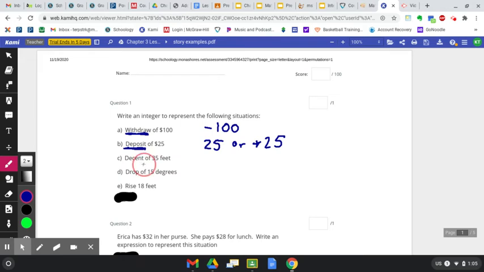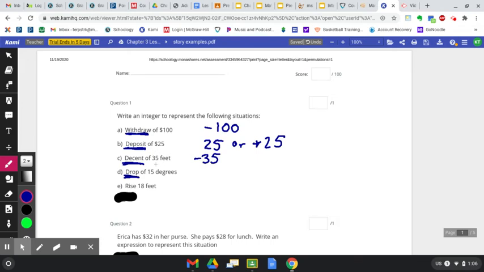Talking about going up and down, descent is going down, so that would be represented by negative 35. Negative 35 feet. A drop of, and let me go back to descent.